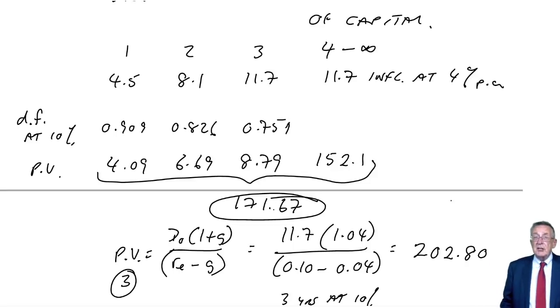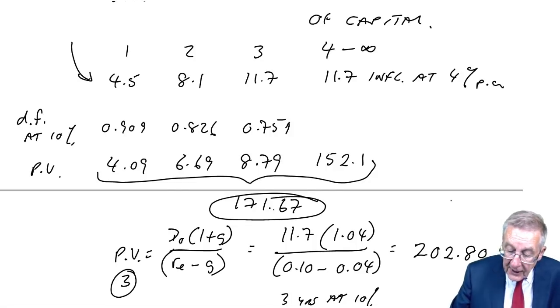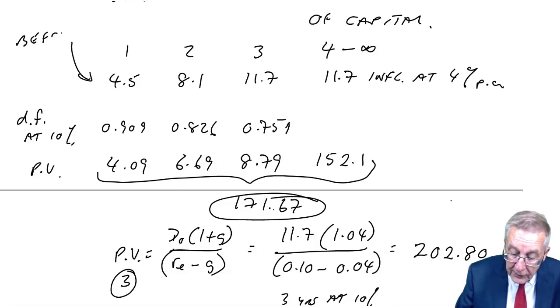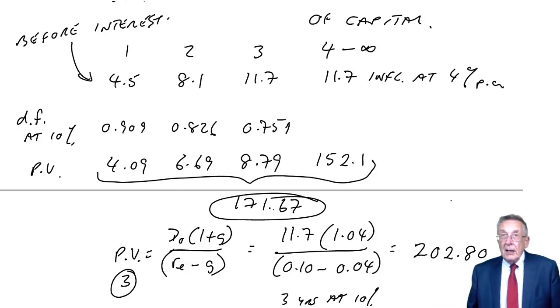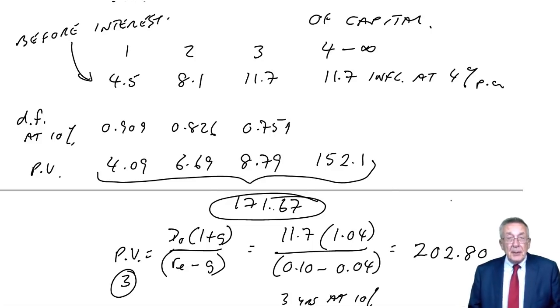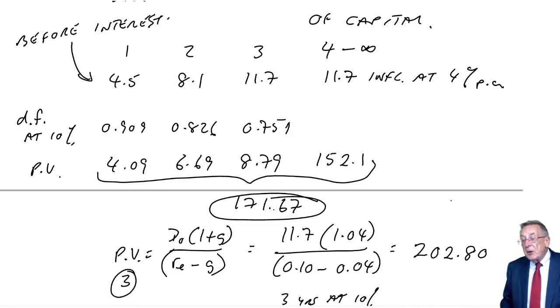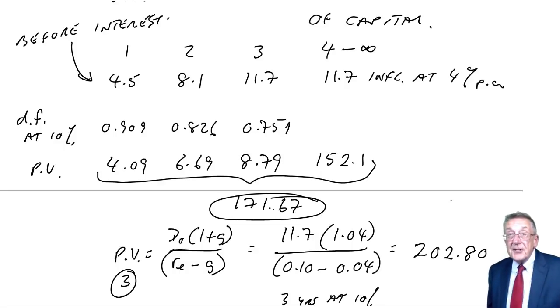It's the total cash available for all providers of finance. Always these flows are before interest. There's 4.5, 8.1. Some of that money will go to debt lenders, some of it will go to shareholders. And we've discounted at the cost of capital. Well, remember, in the calculation of cost of capital, we're including the cost of debt. And so we're accounting for that in the discounting. We don't account for interest in the cash flows.